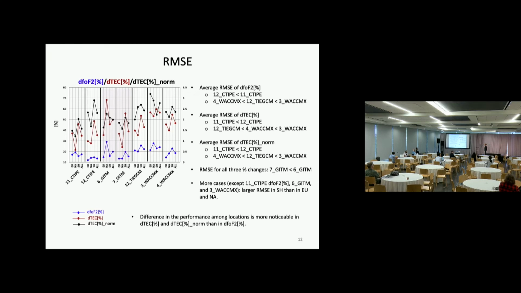And for all quantities, the new version of GTM produces better root mean square error. Same here, a larger root mean square in the Southern Hemisphere than the European sector and North American sector.